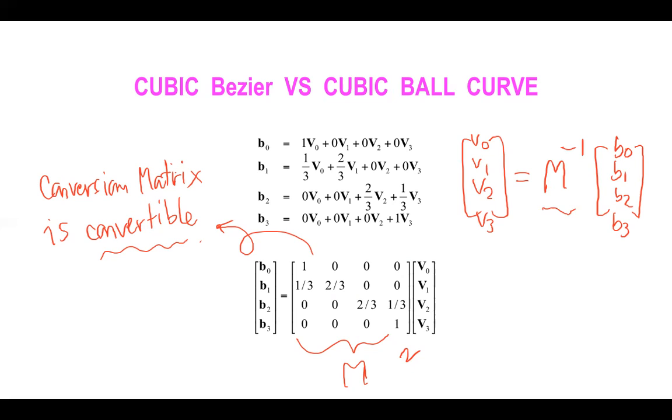Anyone who can help me to get the result of M inverse of this matrix?